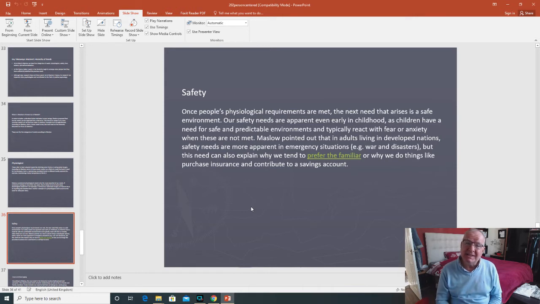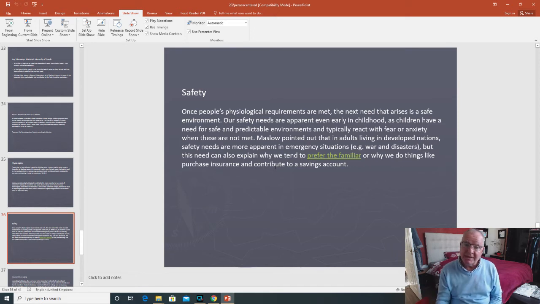So these needs are innate within us, and as we get older we still have a need for safety, obviously. And in Freud's term, this need for safety will probably come from our instinctual side of the psyche, the id. Maslow pointed out that in adults living in developed nations, safety needs are more apparent in emergency situations. Now we're seeing that right at this present moment in time.